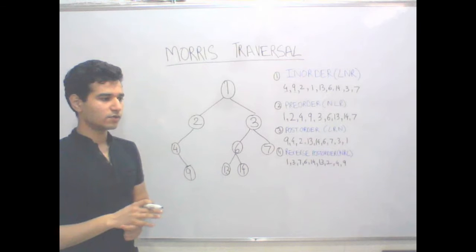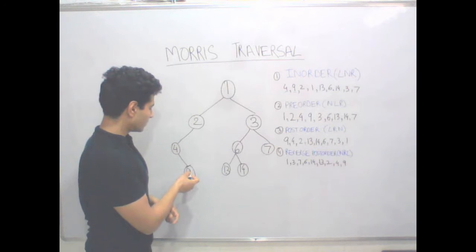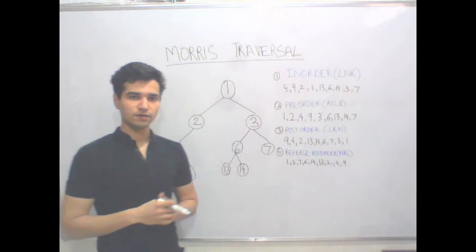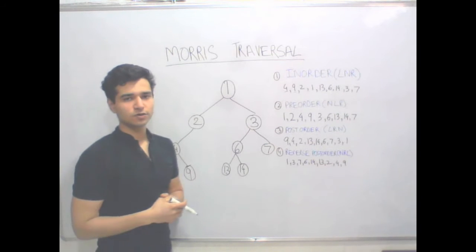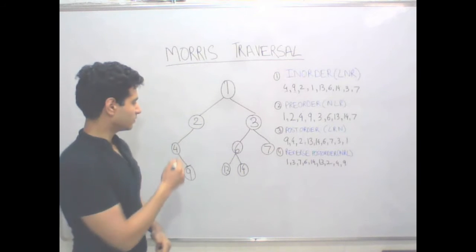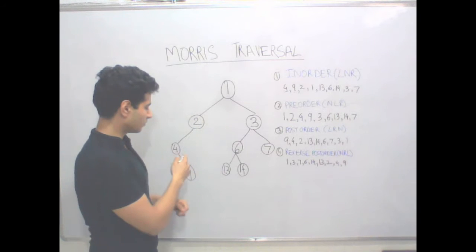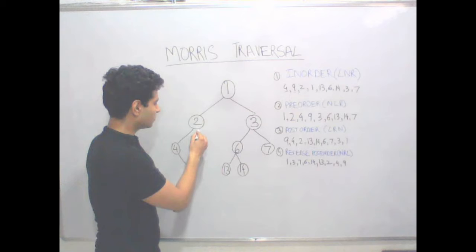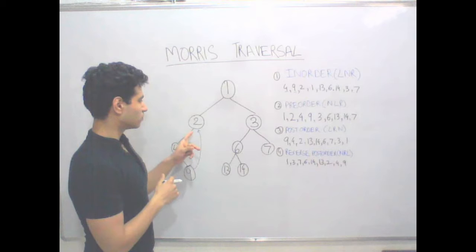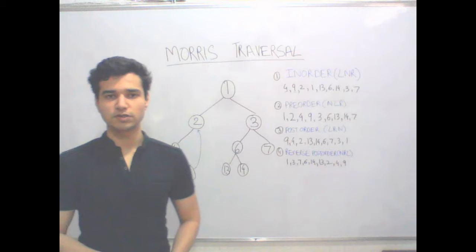So how can we optimize this? How can we make it so that from 9 we can automatically go to 2? Each node has left and right pointers, so we can use them to create a kind of threaded binary tree, where we make a link from 9 to 2, so that after we have reached 9 we can go to 2 again, and similarly we can make links in the rest of the tree.